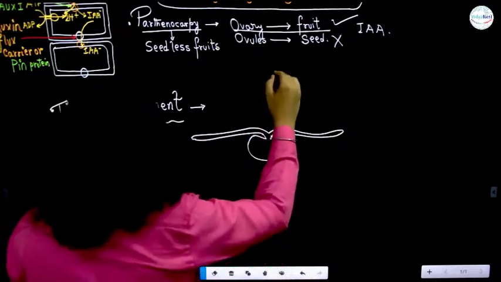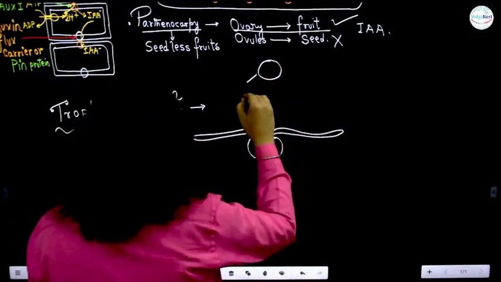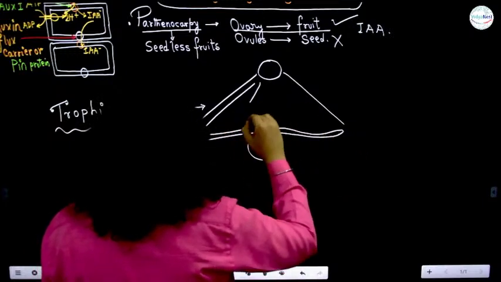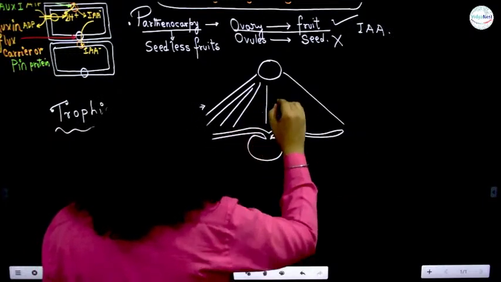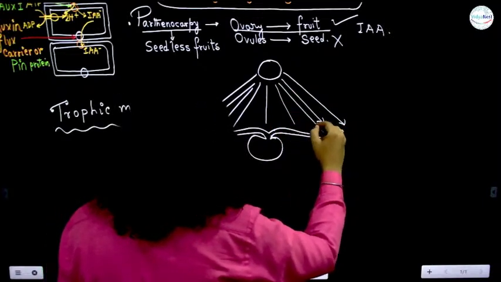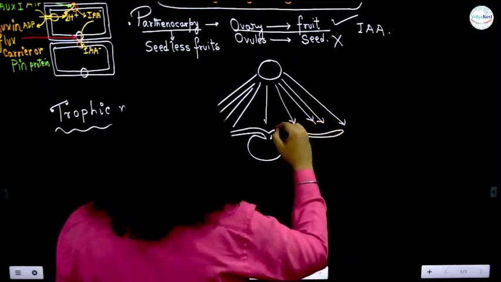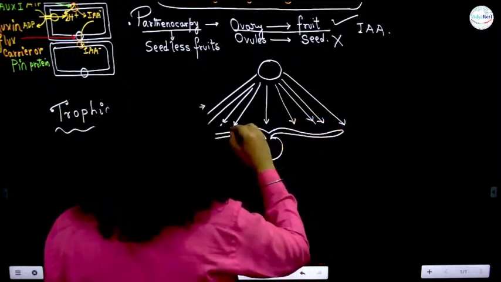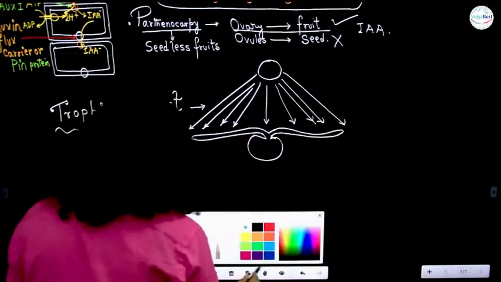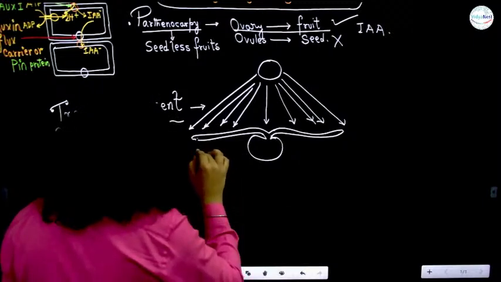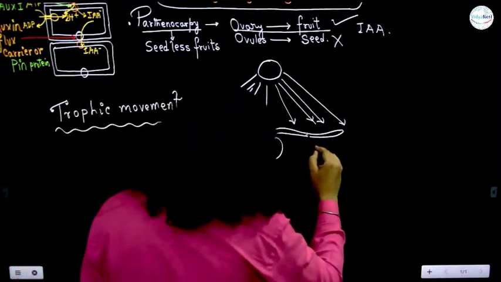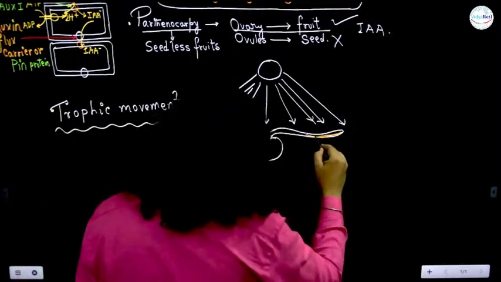Suppose here the sunlight is present. In this case, the hormone auxin will be shifted in this part, and this hormone will also be shifted in this part.